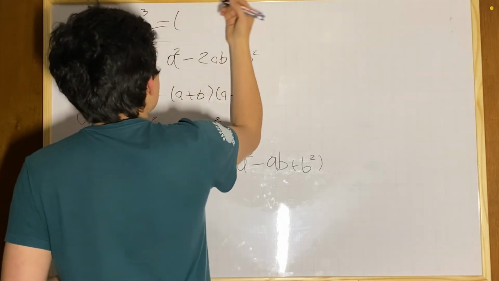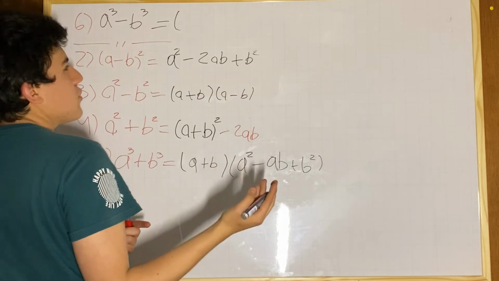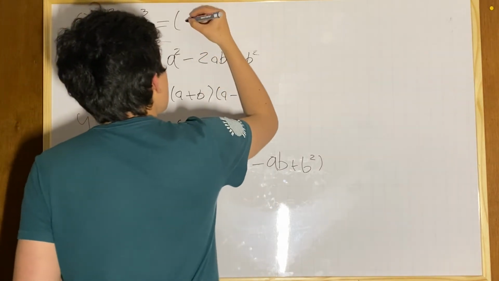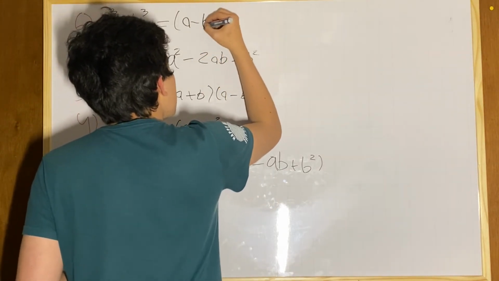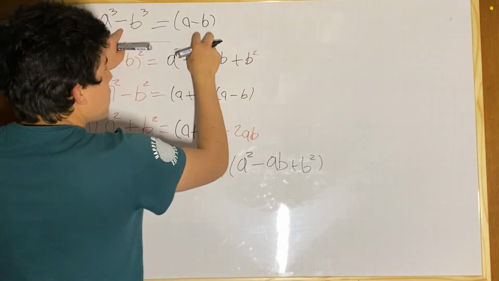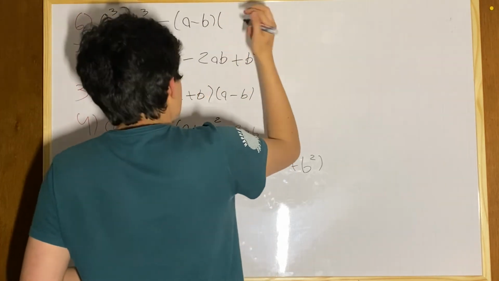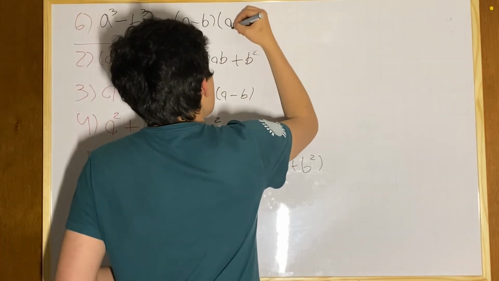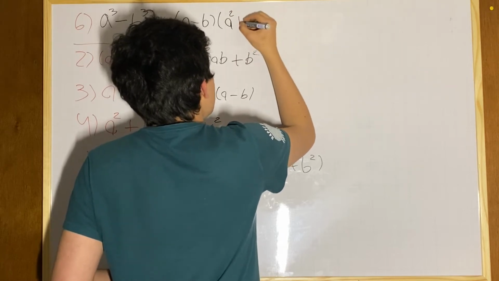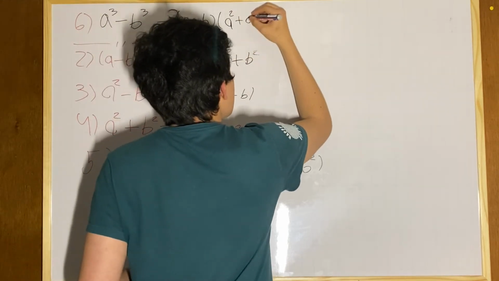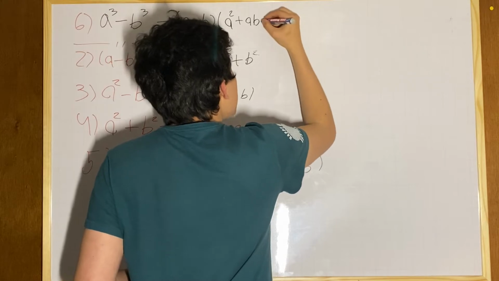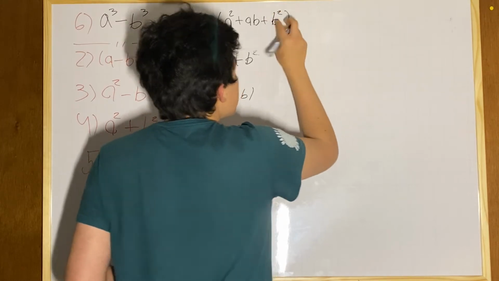It is almost the same thing as this, but just remember the sign rules. So the first sign that you have in the expression goes to the first parenthesis. And now what you're going to do is a squared plus, the opposite sign of what you have here, ab, coefficient of 1, plus the second term squared, which would be b squared.